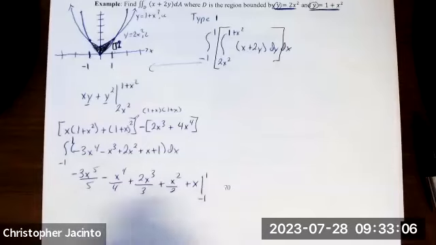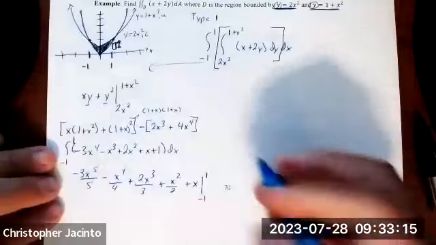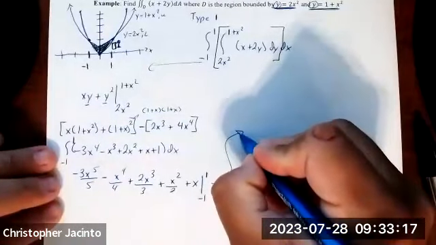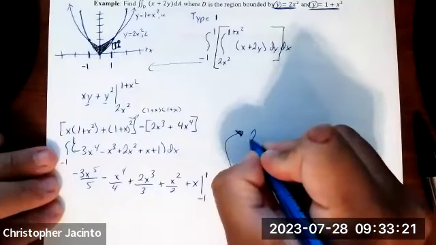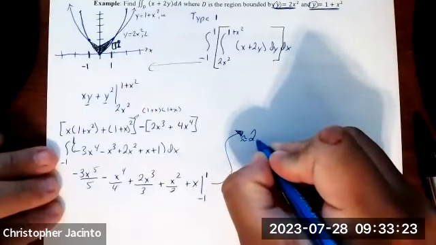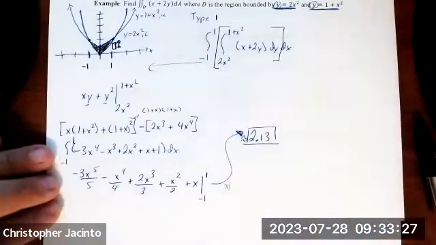So plug in 1 everywhere, and then minus plug in -1 everywhere. Again, just for simplicity, I'm sure you guys could do that. I think I did it right. I get approximately 2.13 after you plug it all in.